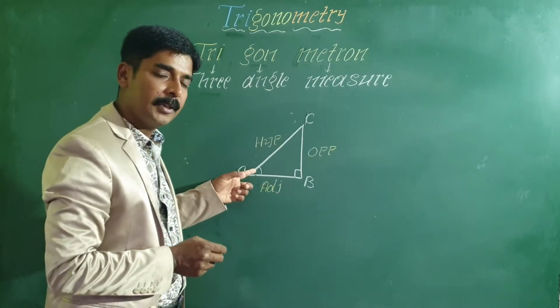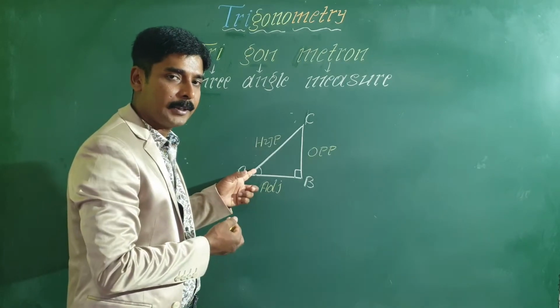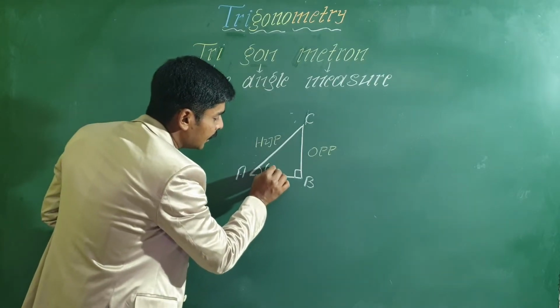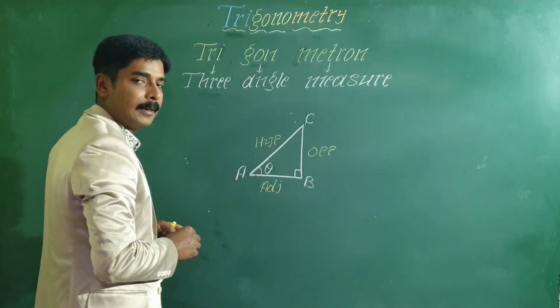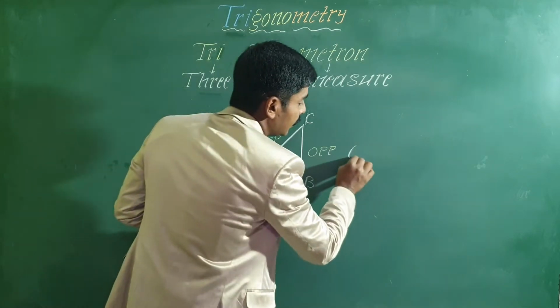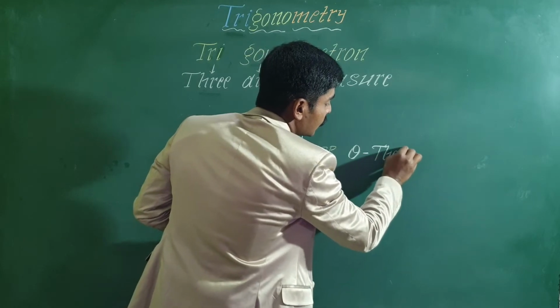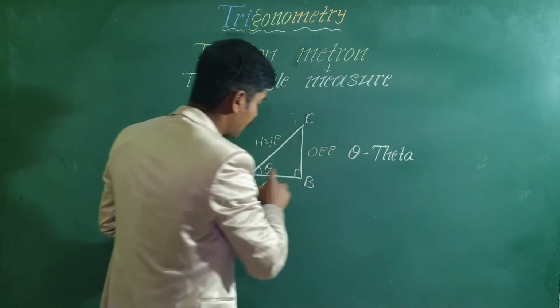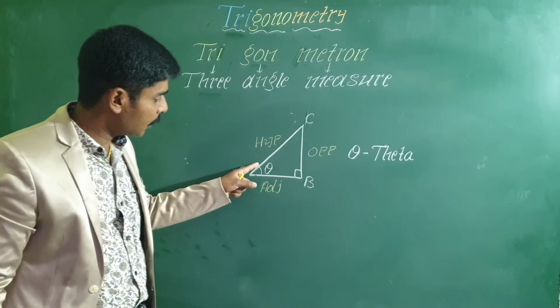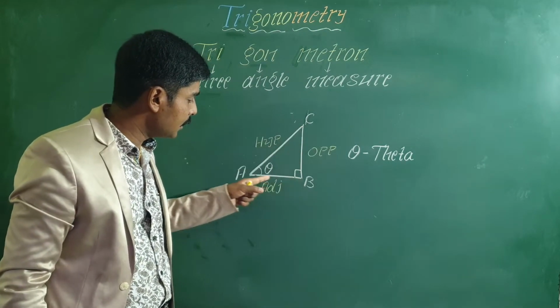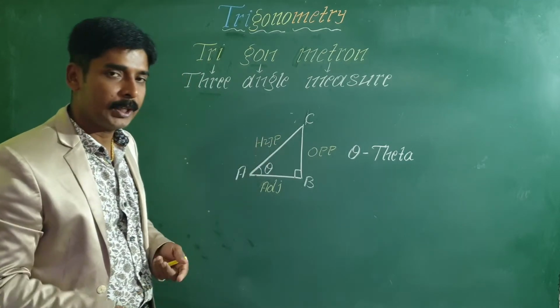This angle A can be 30 degrees or 35 degrees or 40 degrees. So in general, I will consider that this angle A be equal to theta. Theta is a Greek letter which is used to denote an angle. With respect to this angle theta, this is the opposite side, this is the adjacent side and this will be the hypotenuse.